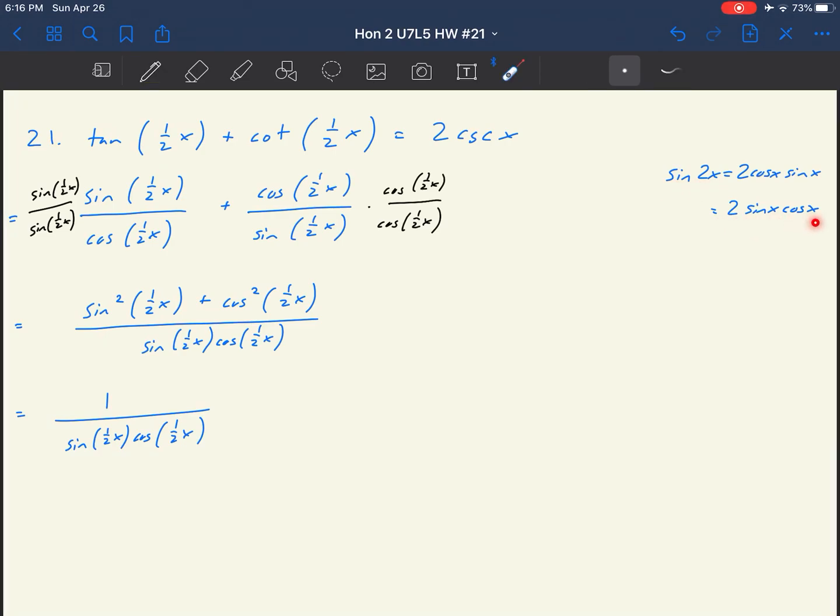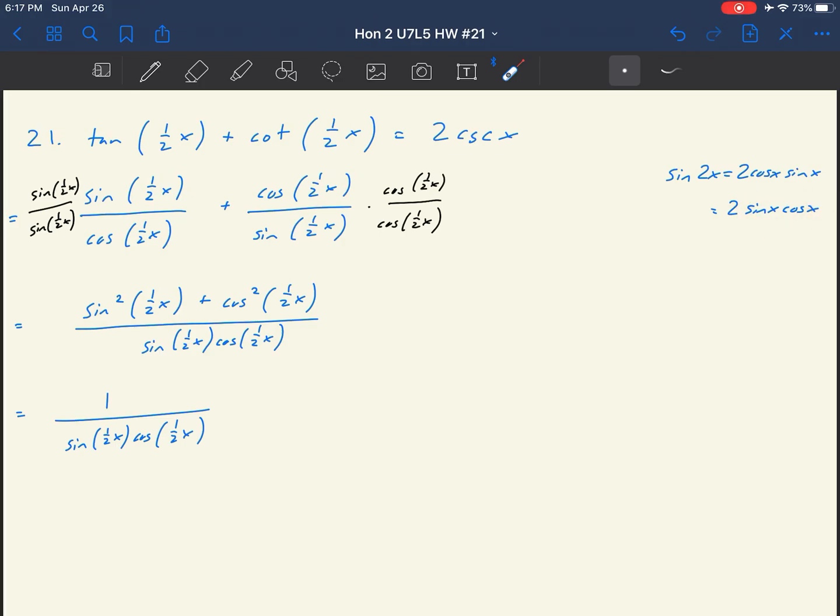Super important identity. Look at what we have here: sine half x, cosine half x. So that's really this, but instead of an x for sine and cosine, we have a half x.